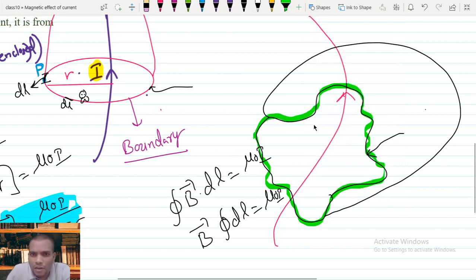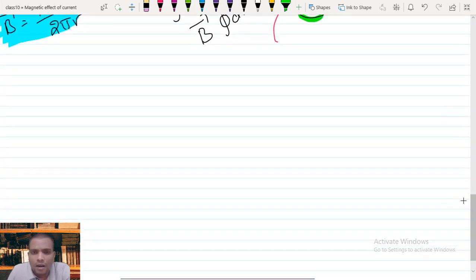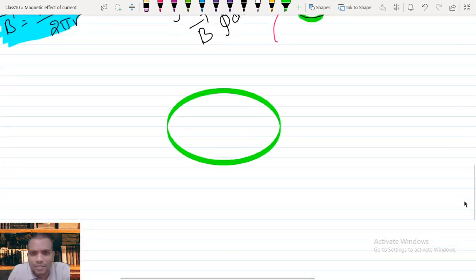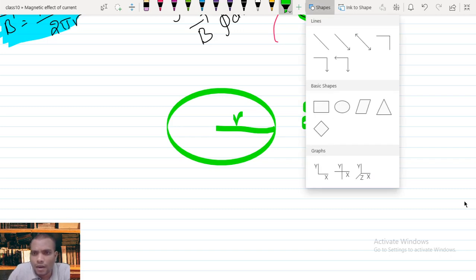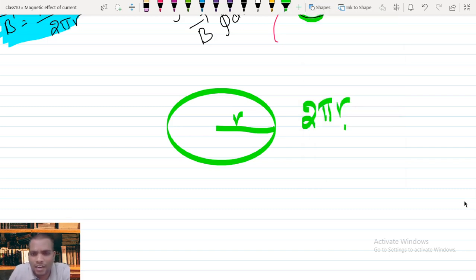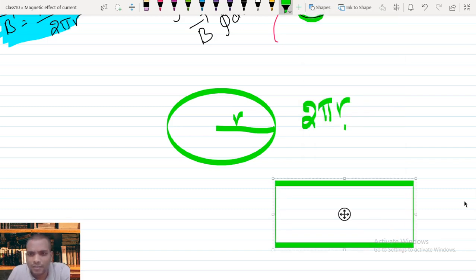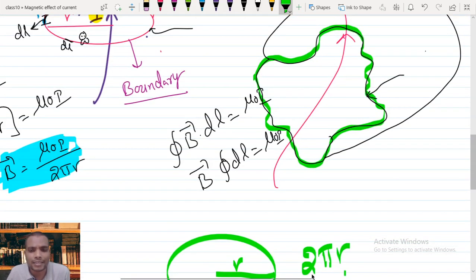But for a regular shape, just like a circle or square, we know the areas, so finding the area is very easy. If you know the radius r, its circumference goes to 2 pi r. And if we take another regular shape, suppose a square or rectangle, it's easy to find these regular areas because the formulas help us a lot here.